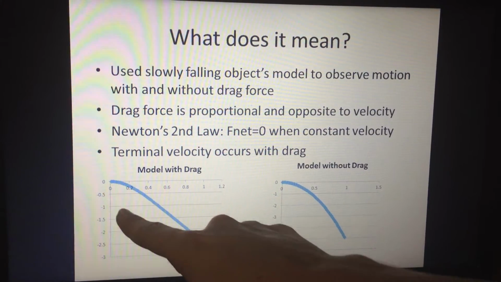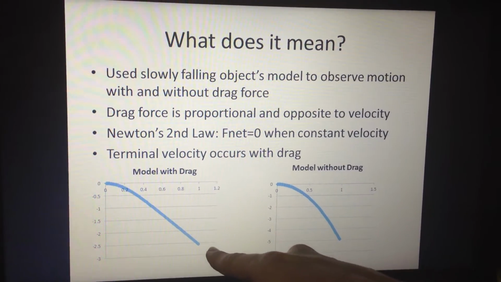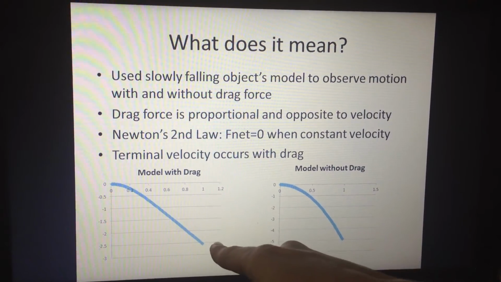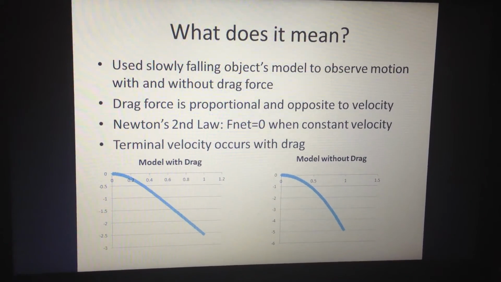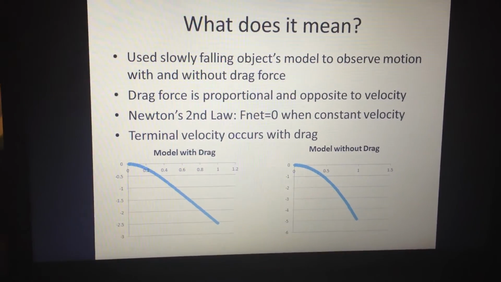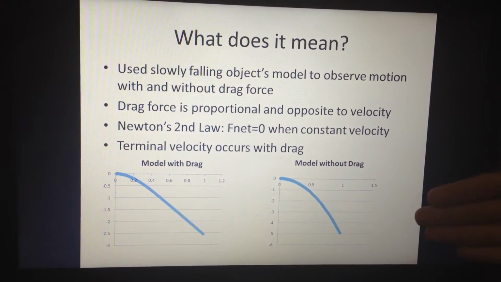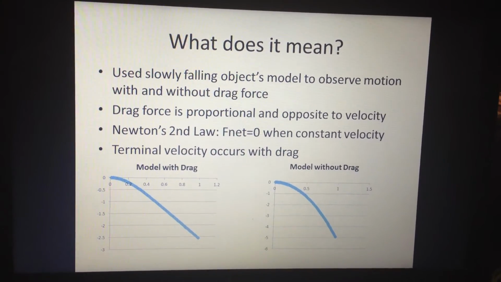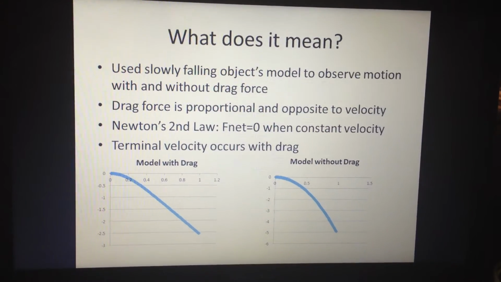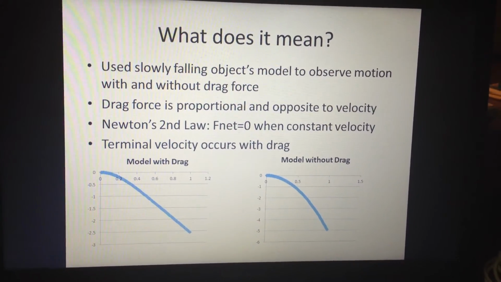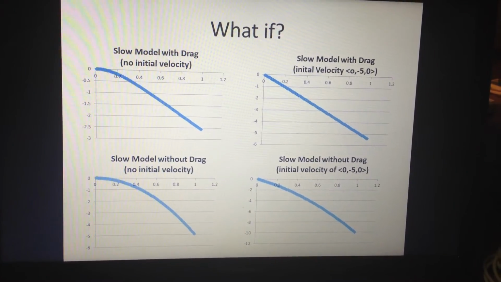So we see here the model with drag reaches a terminal velocity and continues with constant velocity, due to the forces equaling each other and canceling out, so the pushes and pulls equal 0 on the object. Whereas without drag, we only have force in the negative direction, and so it continues to increase throughout the whole time. So, what if?